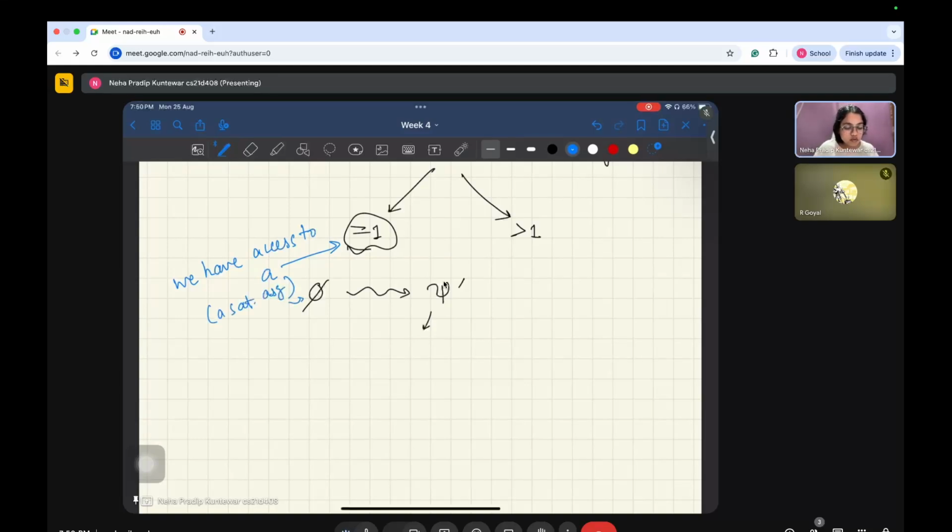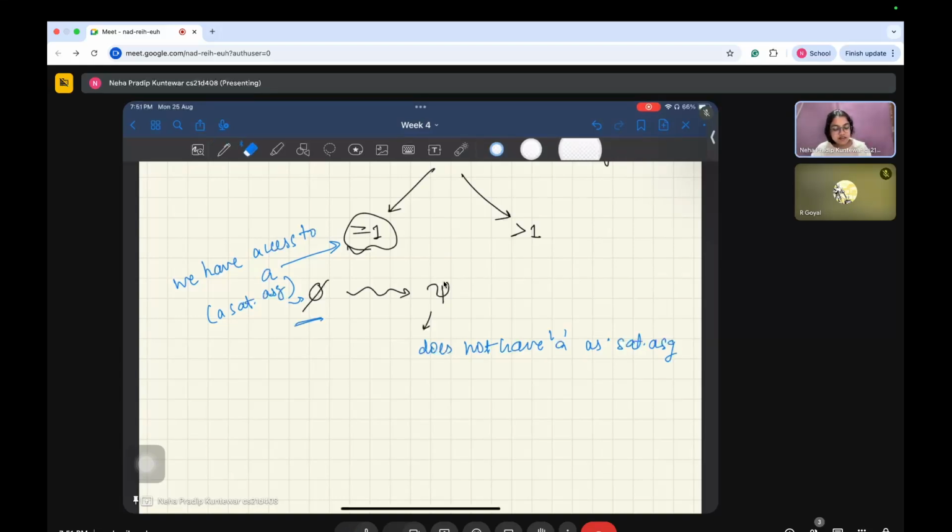Now I'll construct a psi which does not have A as its satisfying assignment, but everything else is the same.